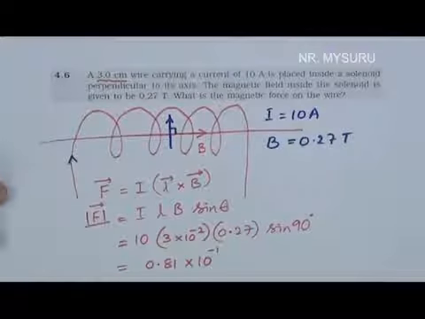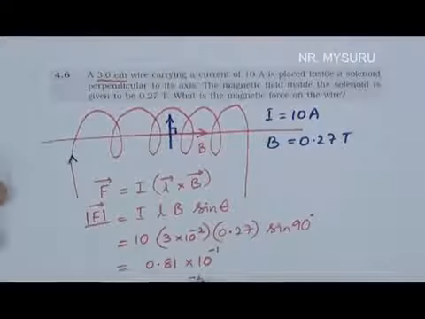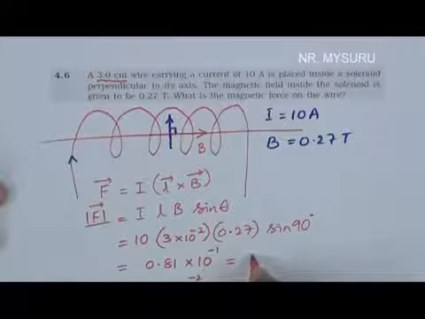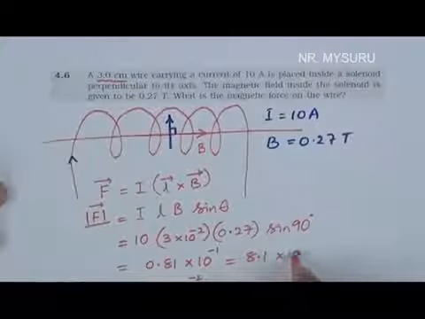So it is 8.1 into 10 power minus 2 Newton.